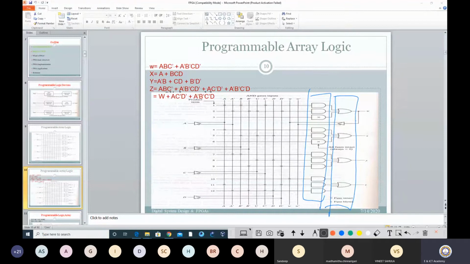Now if you look at our basic function, suppose I want to implement this: W is equal to A, B, C dash, A dash, B dash, C dash. Your X is something, your Y is something, Z is something.